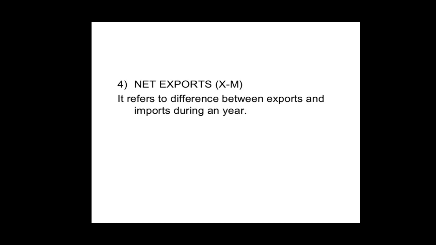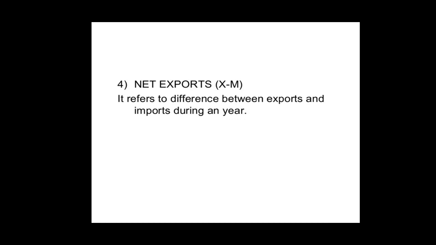The last component of final expenditure is net exports, which refers to the difference between exports and imports of a country during a period of 1 year. Students, exports refers to the expenditure by foreigners on purchase of domestically produced goods.